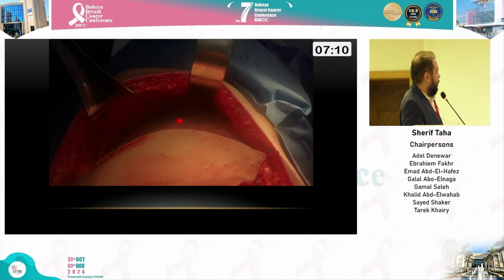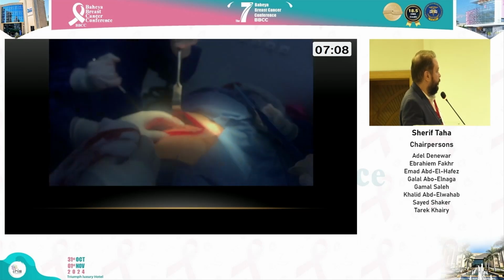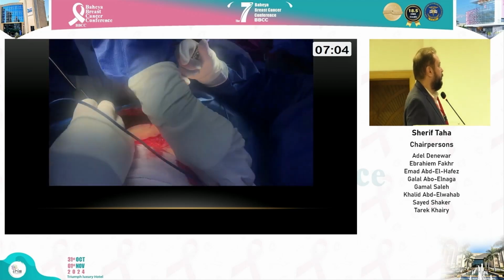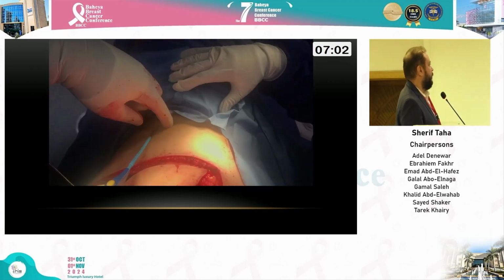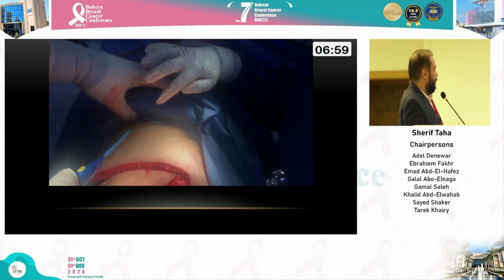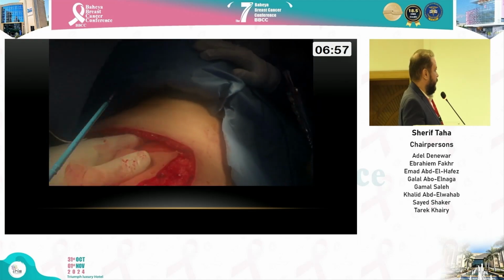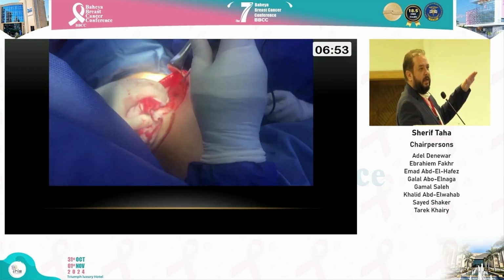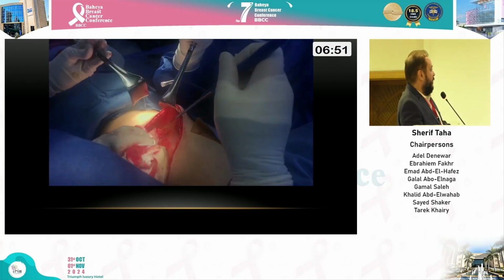Here's the fascia. Here's the iliac crest. You can clearly see the difference between the fat of the back and the fat of gluteal region.